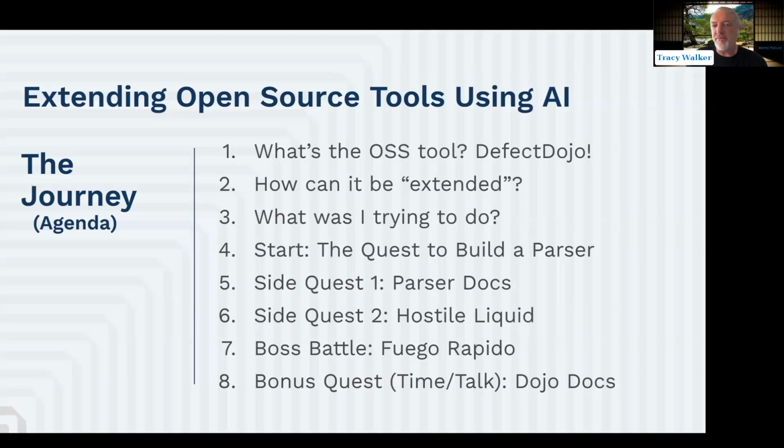And hopefully you'll come away with some ideas, or maybe even a little bit more confidence about trying to use an LLM to generate code. So we're going to talk a little bit about DefectDojo, how we're going to extend it through the parsers, and exactly what I was trying to do. And then we'll get into this quest.